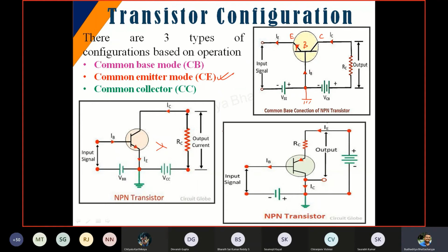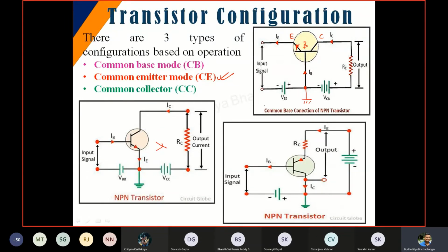For all the amplifiers, audio amplifiers, signal amplifiers, or any electronic devices that we come across, the common emitter configuration is the most generic usage. With respect to the switching action, you will find that there are different modes in which a transistor can be used, and based on that we can apply the transistors.